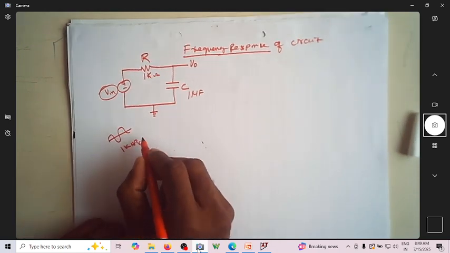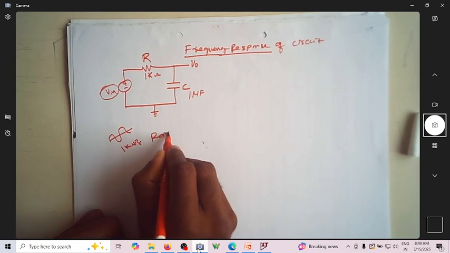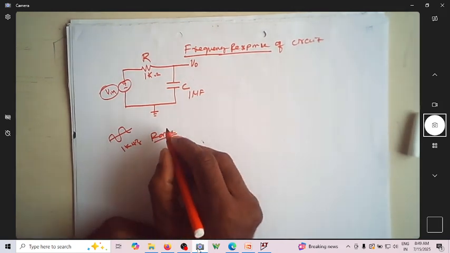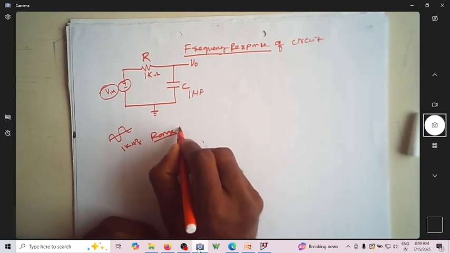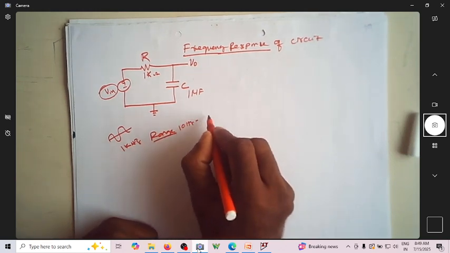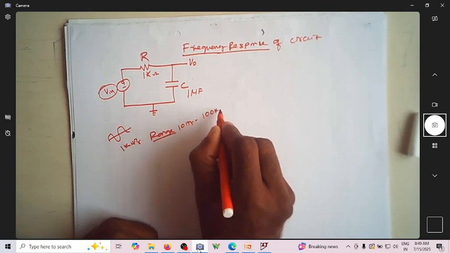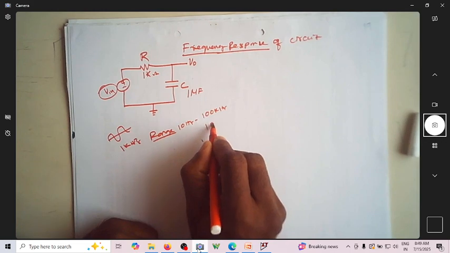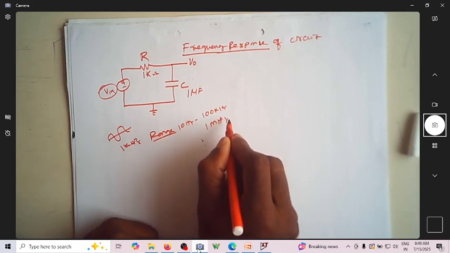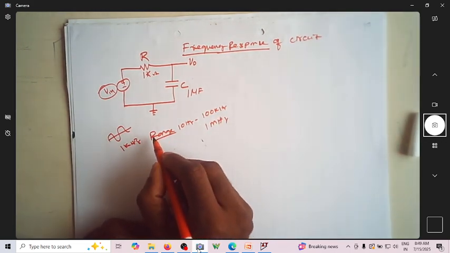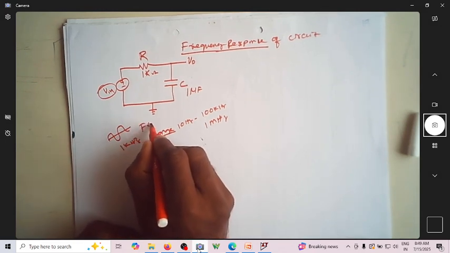I need to specify the range of frequency over which it changes, from 10 hertz to maybe 100 kilohertz, or 1 megahertz.